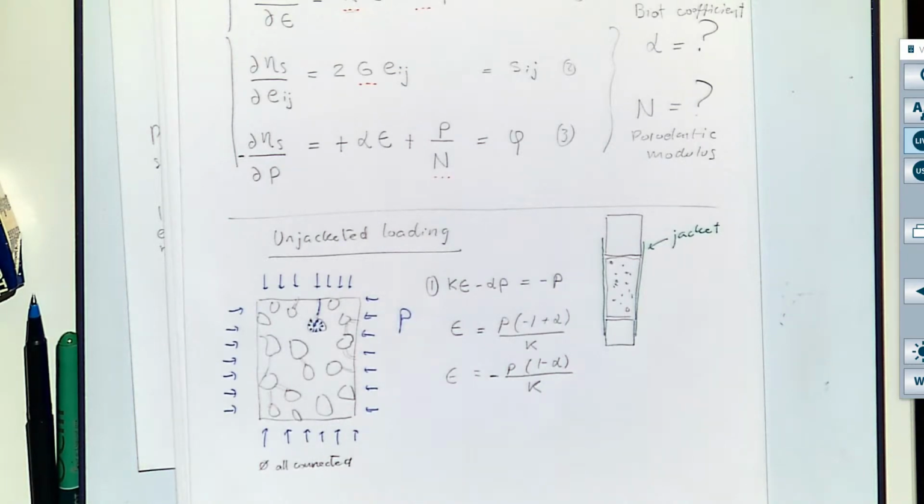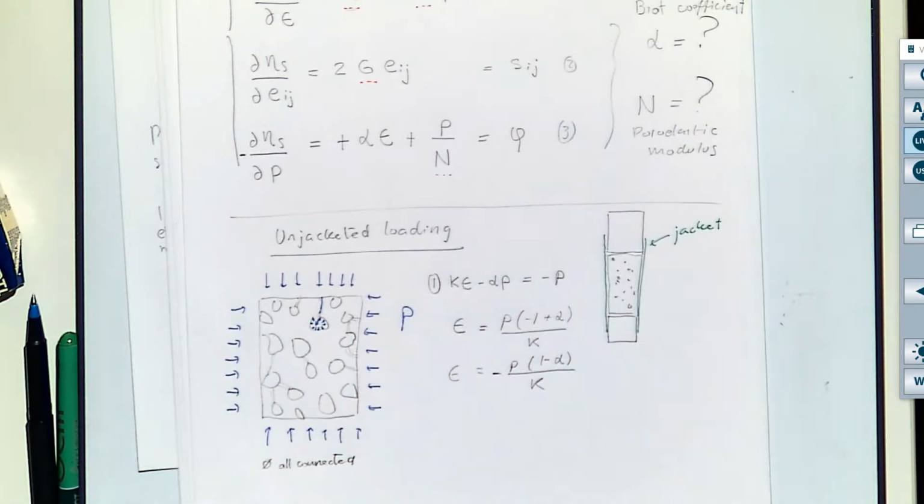Even if you didn't have a porous solid, you apply pressure from all sides, the solid should shrink. If you do have a porous solid, similar to the foam cap that I showed you last time, and if you have connected porosity, the solid is also going to shrink. And let's see why that is.